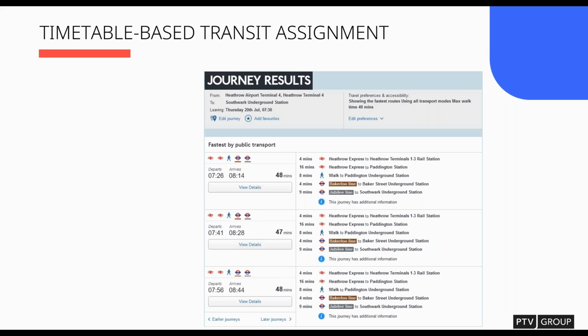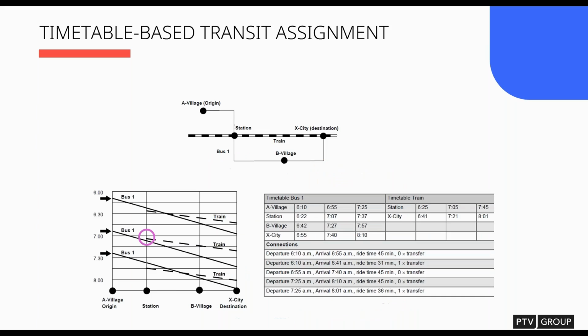With that, we're going to go ahead and move on to the timetable-based assignment. In the timetable-based assignment, you're using basically a more realistic representation where you have an exact timetable just like you would in real life. This is just a representation of one of those timetables.